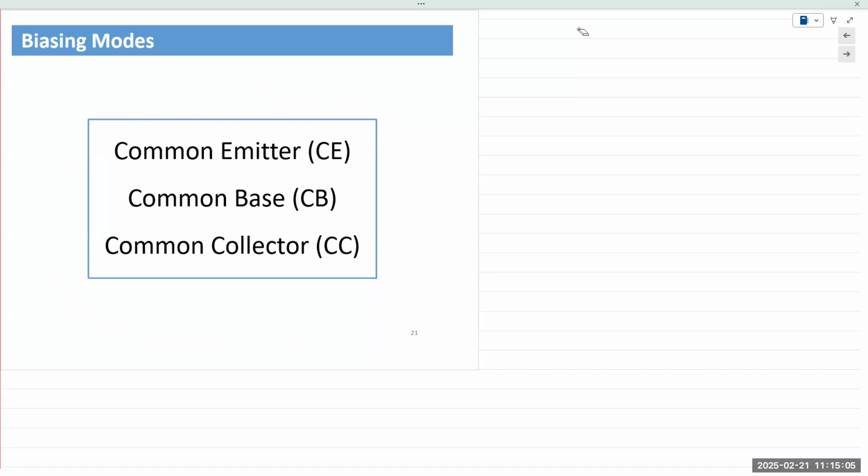So the biasing mode is which terminal is common to both input and output sides.